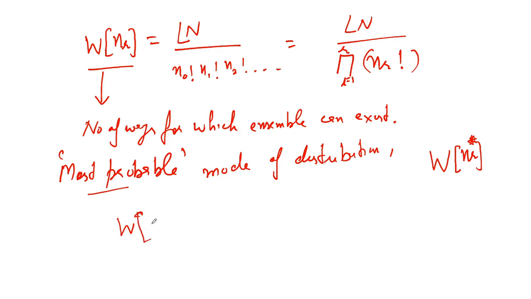So omega nr is equal to N factorial over the product of nr factorial, r varying from 0 to infinity.